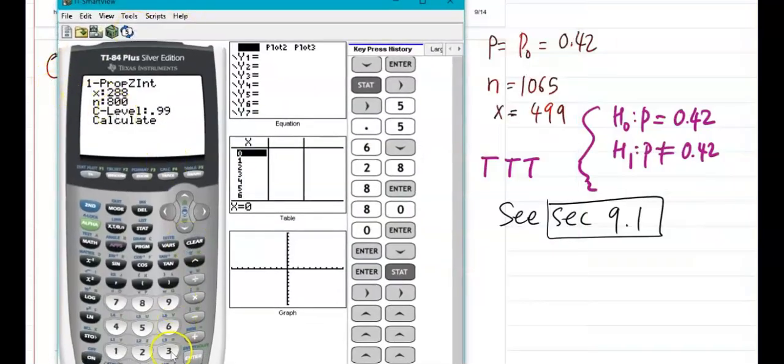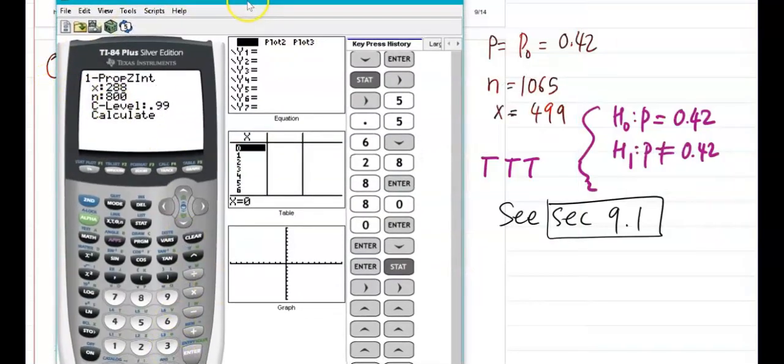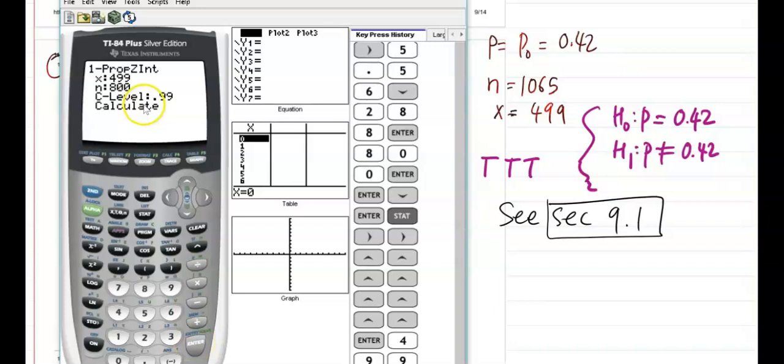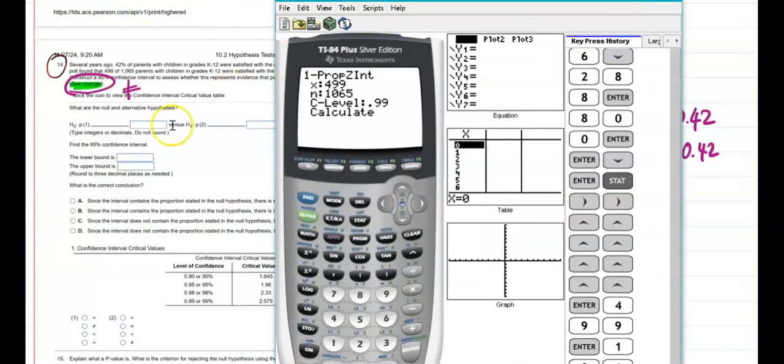The X is going to be 499, and the N is going to be 1065. Enter. The confidence level is going to be 95. That's what it says here: construct a 95% confidence interval. So you put 0.95.